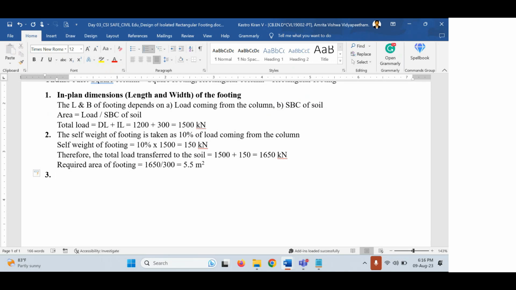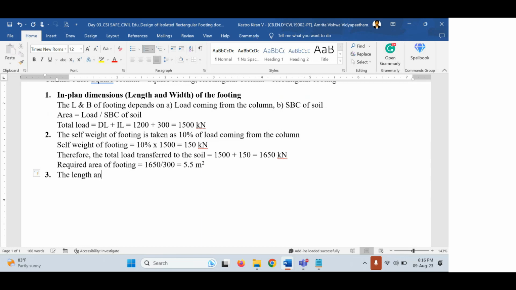So the length and width of the footing have to be decided in such a way that the pressure distribution should be uniform. This is the most important thing. Usually when you are doing this in classrooms or following RCC concepts, you will do this, but you don't understand the real scenario behind it.